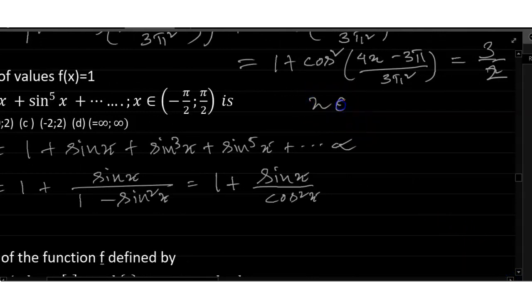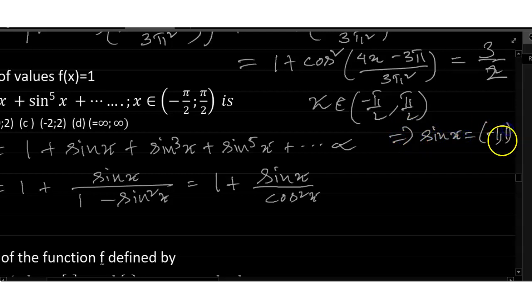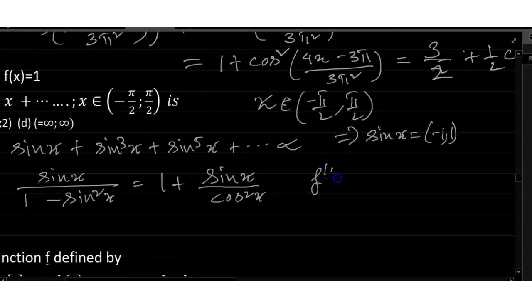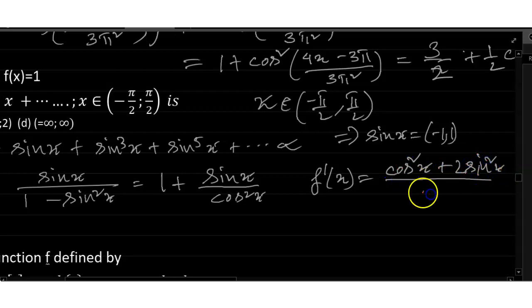And x belongs to the principal value, minus pi by 2 to pi by 2. So that implies sine x equal to minus 1. So cos square x plus ... divided by cos to the power 4x greater than 0.